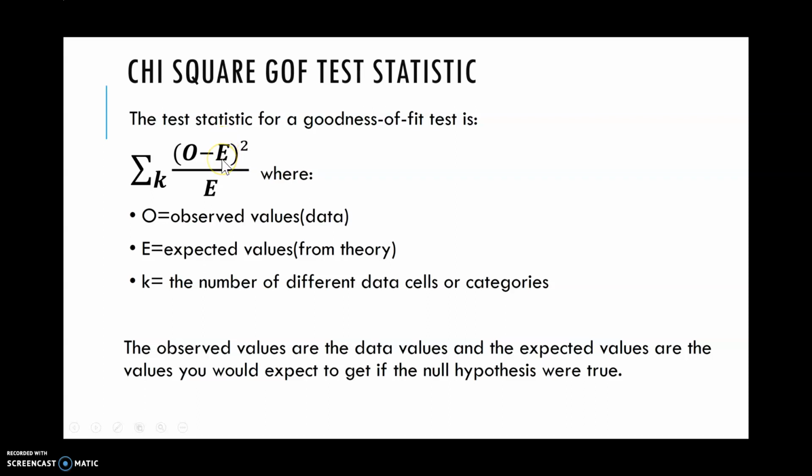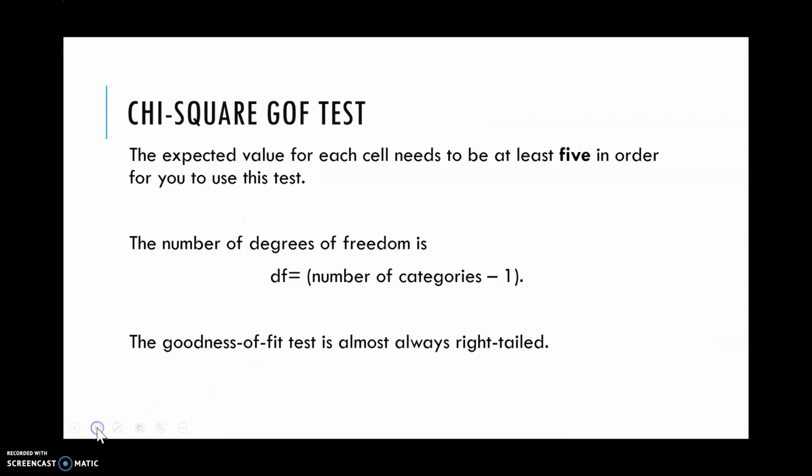So that's your expected value. And then K is the number of different data cells or categories. So we're going to compute this, and then the sigma tells me that we're going to add all of those up. So the observed values are the data values, and the expected values are the values you would get if the null hypothesis were true.